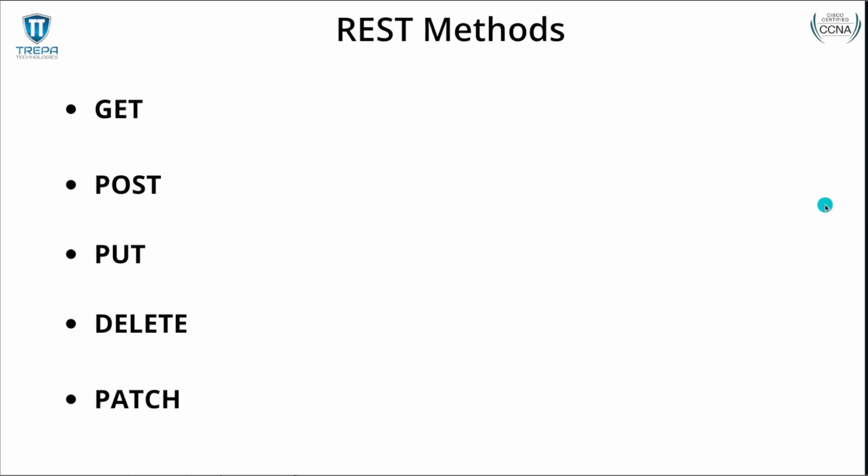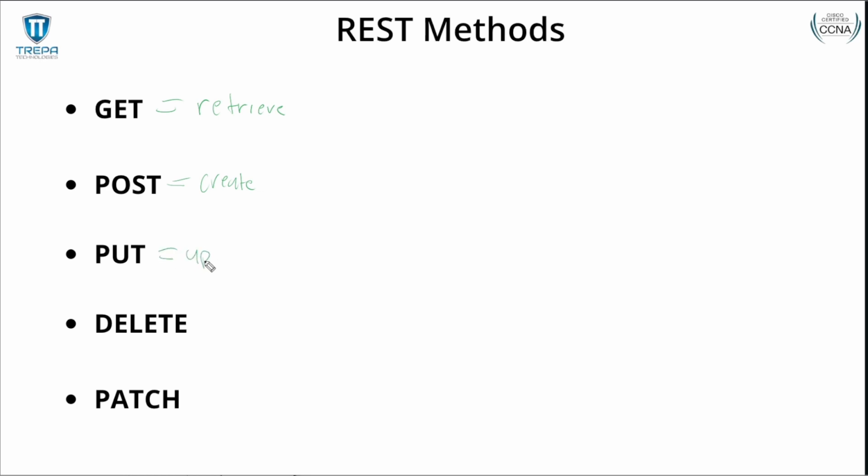Okay, and I think we're going to be done with the slides here. We're going to move into the demonstration. Again, you just need to memorize these REST methods. I put the 5 up here. There's other ones like OPTIONS and HEAD, but we have GET, which again is retrieve. Post is create a new resource.